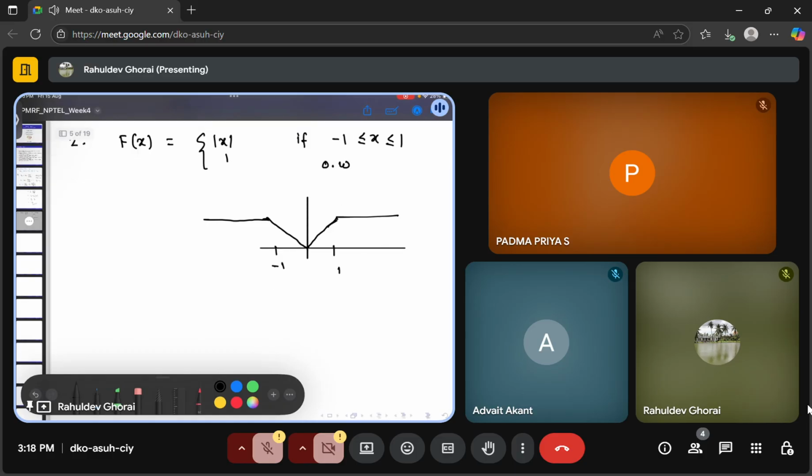Okay, what about this function? f(x) is equal to (y minus 1) to the power 4 plus y to the power 4 plus y square minus 12y minus 15.